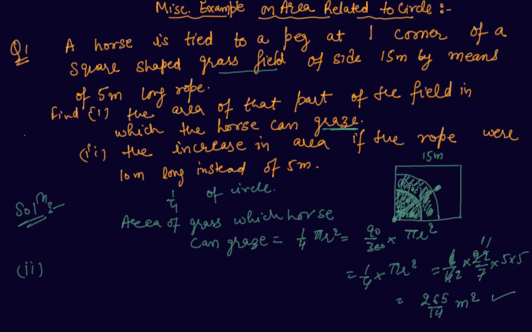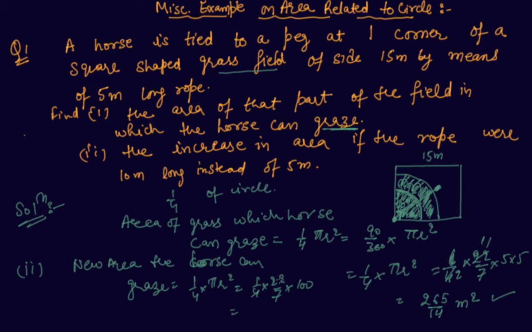So we will again use the new area the horse can graze, directly using 1 by 4 pi r square. In that case r comes out to be 10. So 1 by 4 into 22 by 7 into 10 into 10 is 100, which is 11 by 2. This is 1100 by 14 meter square.